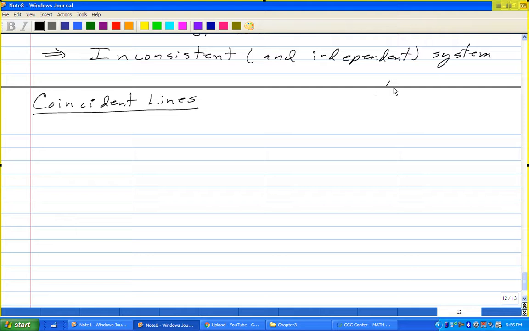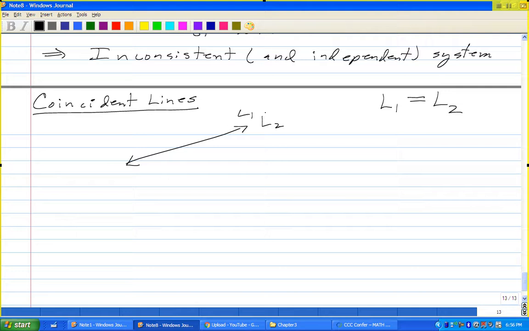And so two lines are coincident. So suppose I have this line, L1, and I have this line, L2.